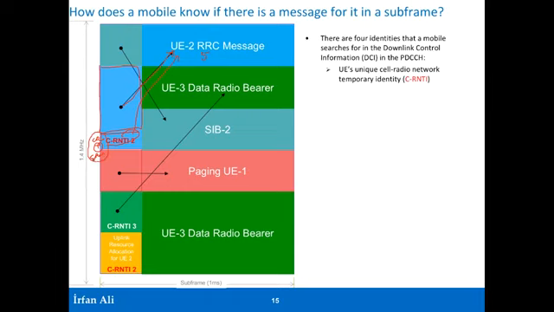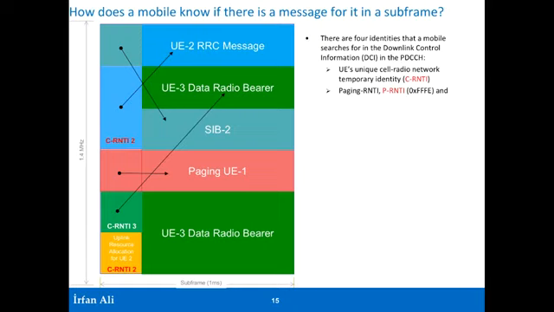It takes the CRC and XORs it with its own C-RNTI, and if it matches, then it knows that the information in resource block number 5 is actually for UE number 2, and so on and so forth. So each of these mobiles is able to figure out that this DCI information is for them.